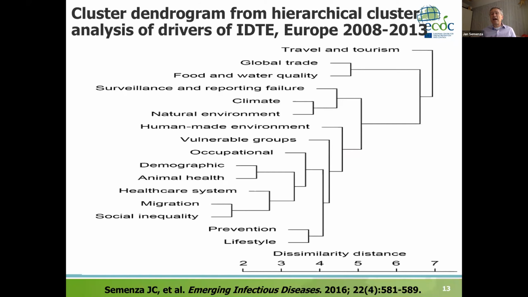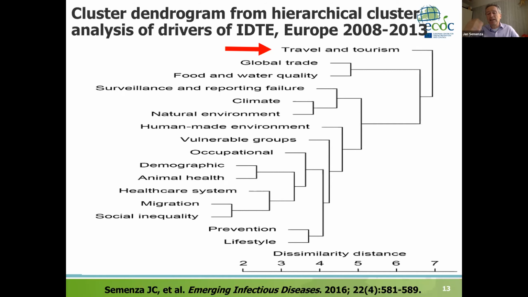But the one thing that stands out in this particular slide is the fact that travel and tourism is the most important driver of epidemic events in Europe. So travel and tourism stands out when you look at this dissimilarity distance and when you look at the frequency of contribution of travel and tourism to these epidemic events.